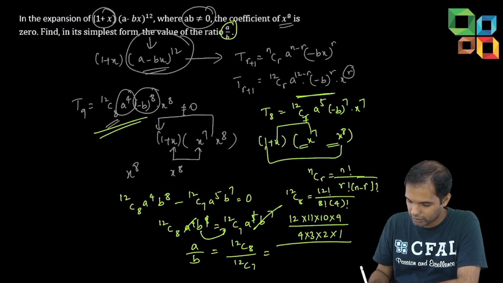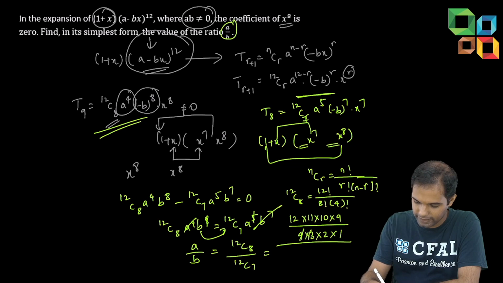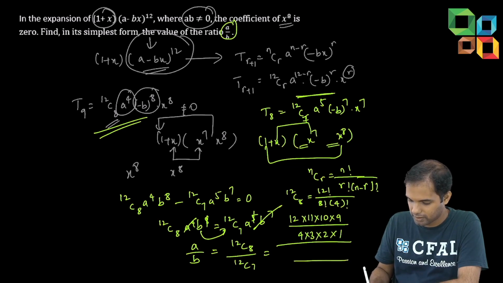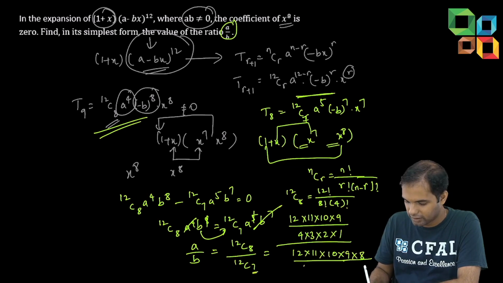Now 4 into 3 is 12, so this will be cancelled. Or let me keep it as it is instead of cancelling. Look at the denominator. Denominator is 12 into 11 into 10 into 9 into 8, 5 terms, right? 12C7 is 12C5 divided by 5 into 4 into 3 into 2 into 1.